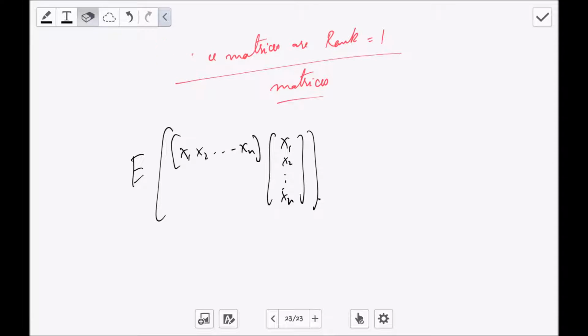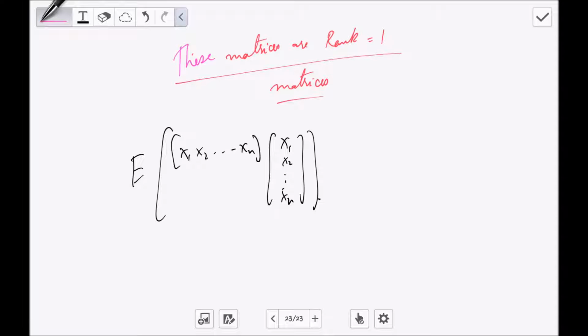These are rank 1 matrices, but these are not rank 1 matrices. Had these been rank 1 matrices, we would not have been discussing all this, because we need to invert this.